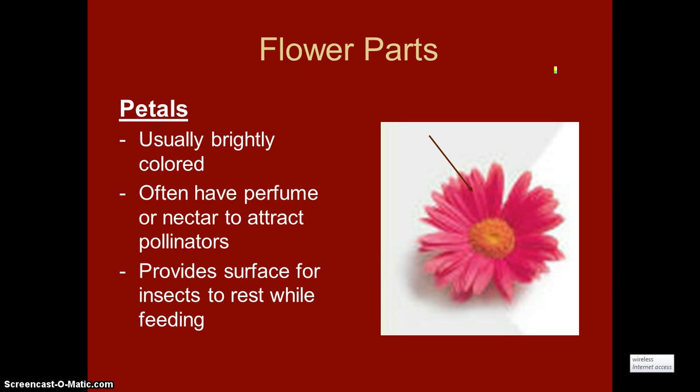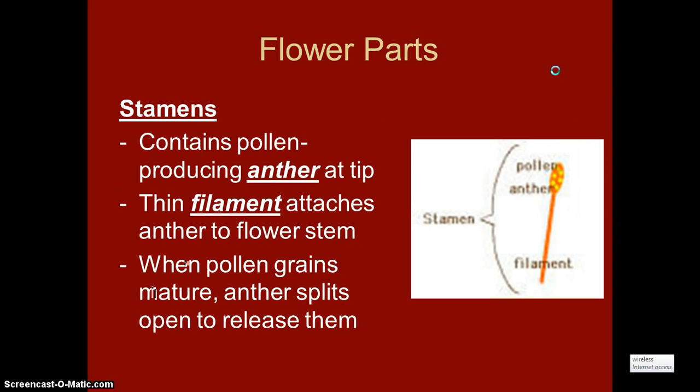Oftentimes, as the slide says here, these flower parts have perfume or nectar, but they also provide a really nice surface for the insects to rest on when they're trying to feed. Now, the male part of the flower is called the stamen, and this contains the pollen-producing anther, which is at the tip, and then attached to the anther is this long thing called the filament.